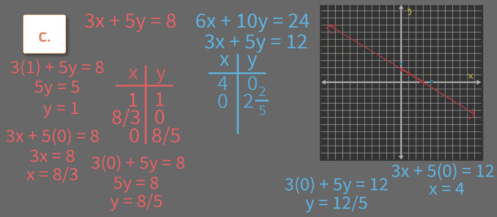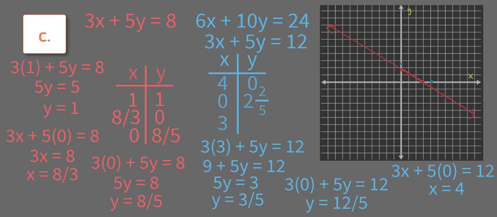And then we'll go ahead and go with, let's say x equals 3. So 3 times 3 plus 5y equals 12. That gives me 9 plus 5y equals 12. 5y equals 3. So y equals 3/5. So at 3, it's 3/5.